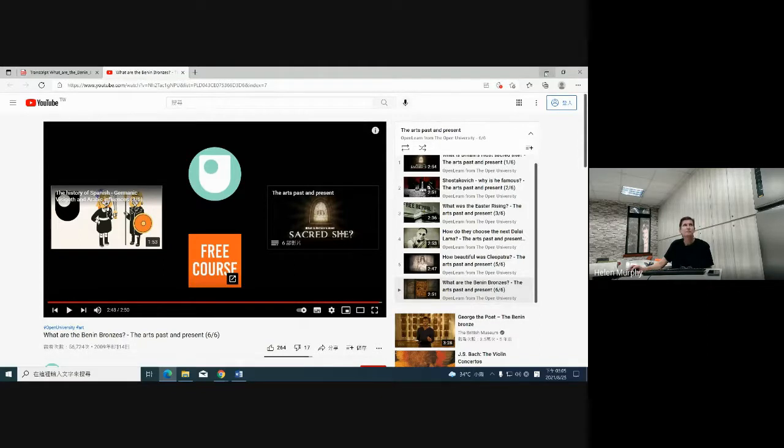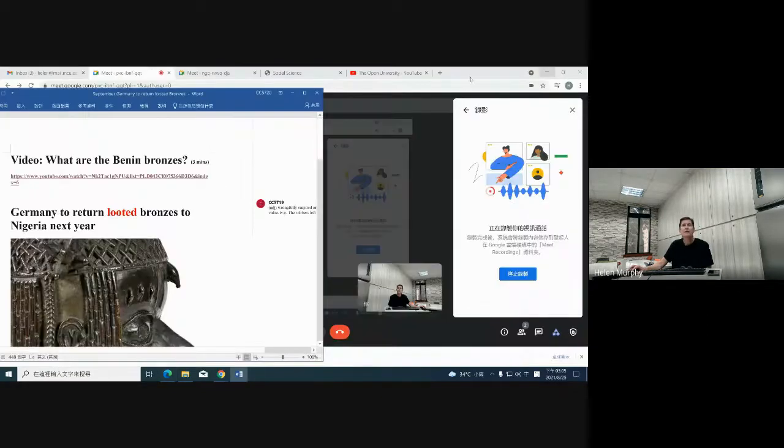Okay, so as you can see, that's a very short history of the Benin bronzes, where they came from and where they ended up. Now, that was a little quick.